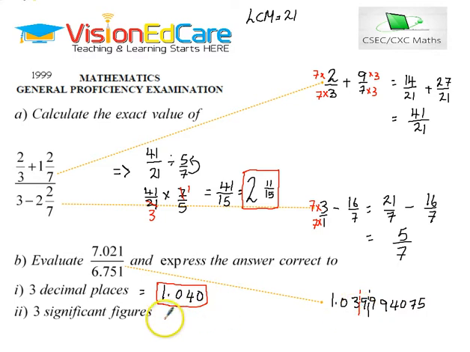So our answer is 1.04, and everything else after becomes 0, so it doesn't really matter if you put 0. So that's our answer. Okay, so it seems as if it's the same thing as what we have before, because this 0 here doesn't mean anything, so it's 1.04. So that's our solution.